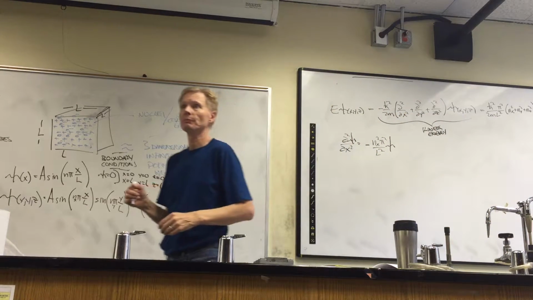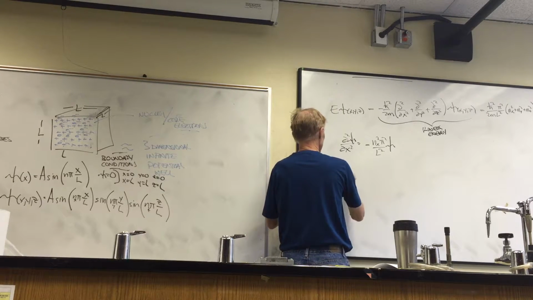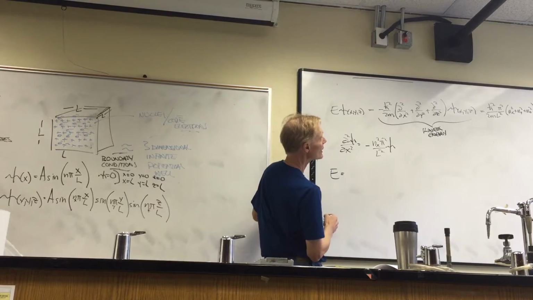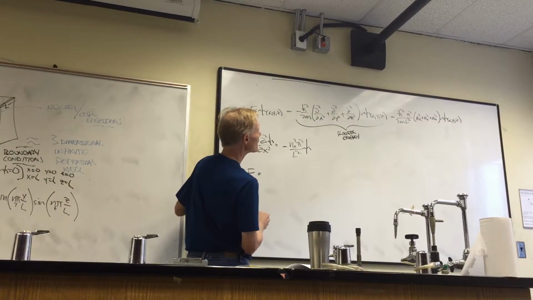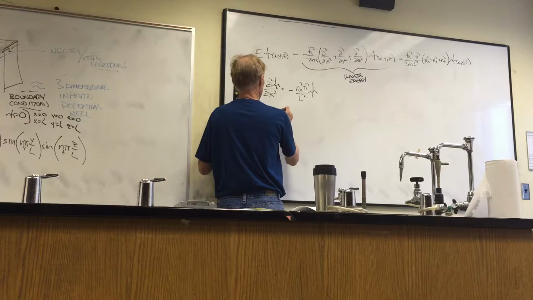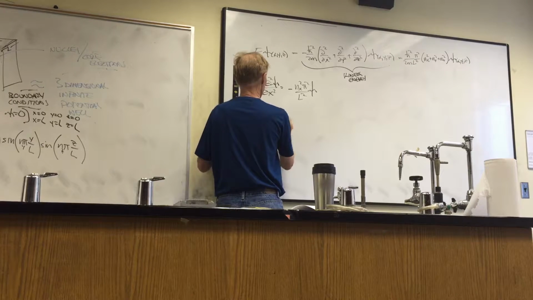And that's my energy. So now I've got an energy for these electrons inside this three-dimensional container that looks like h squared over 8mL squared times nx squared plus ny squared plus nz squared.